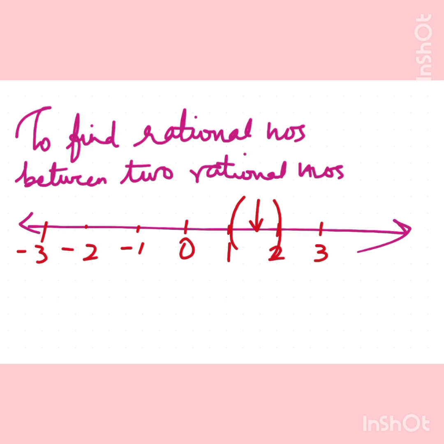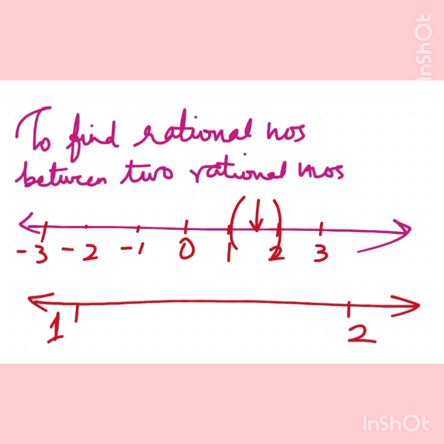How to find them out? Consider another number line where I zoom in on the above number line from 1 to 2. Between 1 and 2, both of which are rational numbers, how many numbers lie? For example, 3 by 2, which is 1.5, lies between 1 and 2.